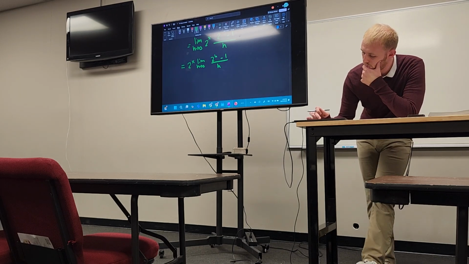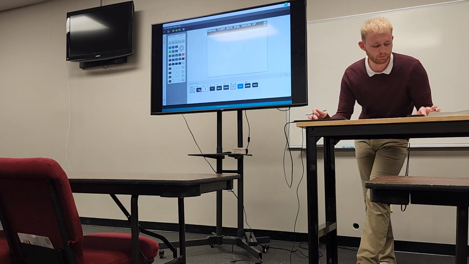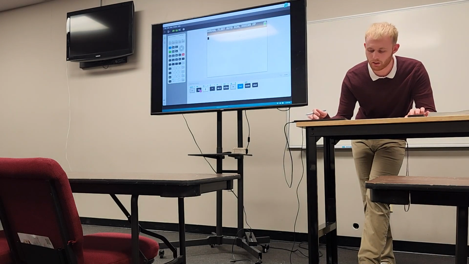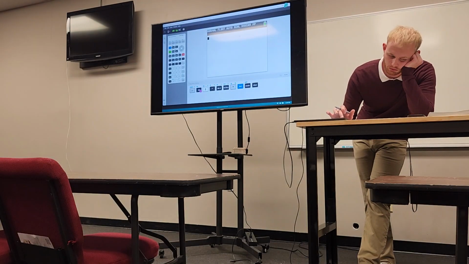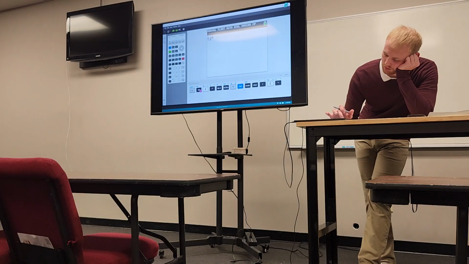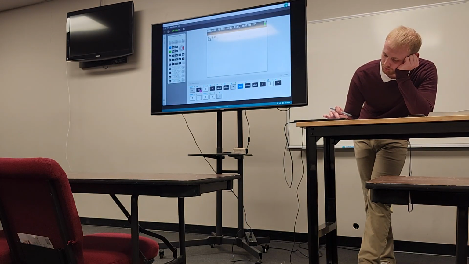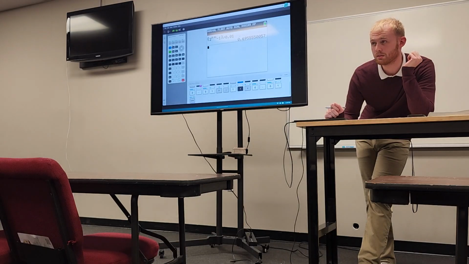Okay, so with my calculator, I can just plug in some small values for h. So if I have 2 to the 0.01, that's pretty small, minus 1, because remember we're tending towards 0, divided by 0.01. Well, that's pretty close to 0.7.